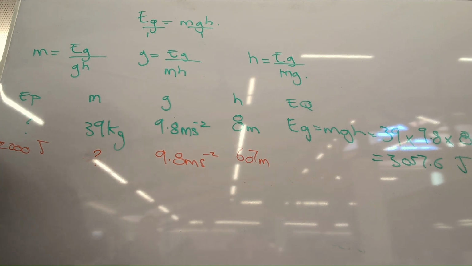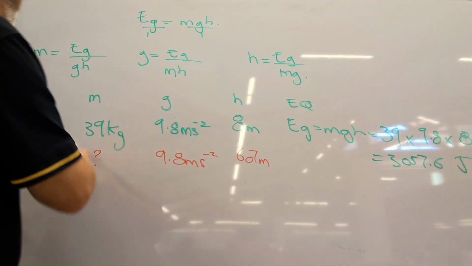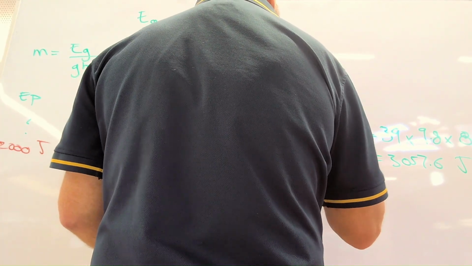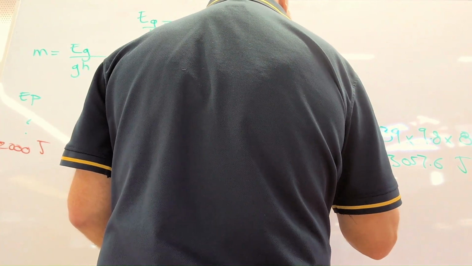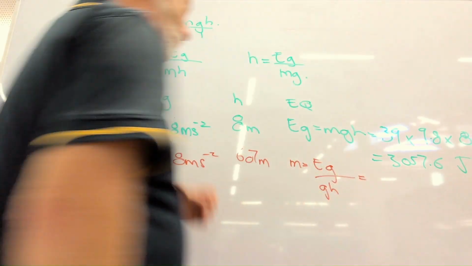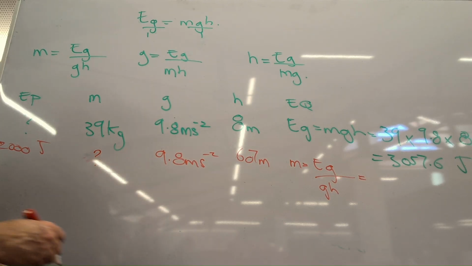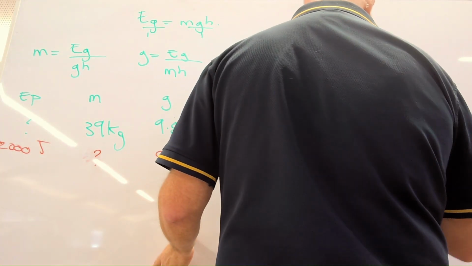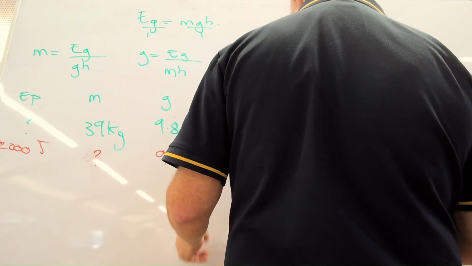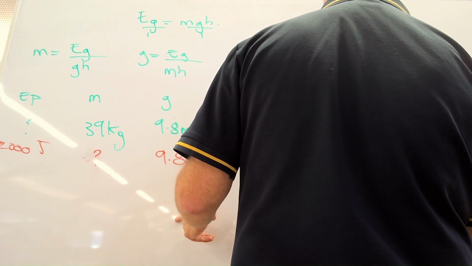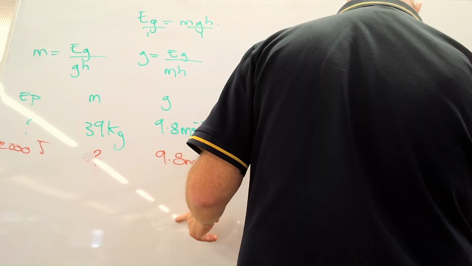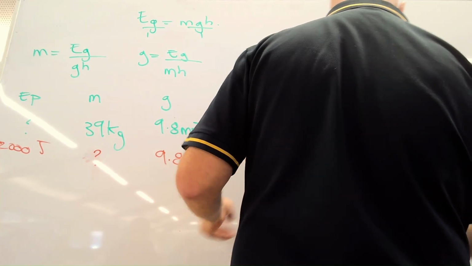We're going to start with M first. M equals EG divided by GH. All right. So we know that the energy was 2,000 joules, 2,000 divided by G, which is 9.8, times the height, which is 607.